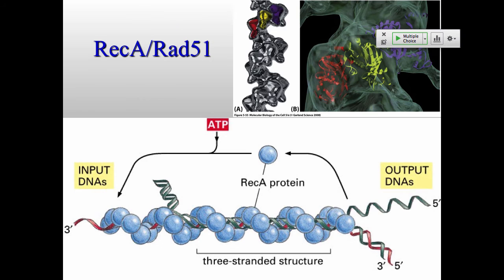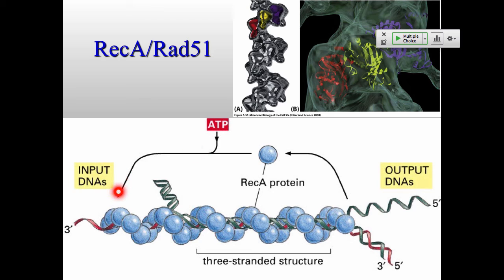So let's look at a little bit more molecular detail what these things look like. As I mentioned before, strand invasion happens because of the presence of RecA or RAD51 binding to DNA. This is just a structure of this, I think this one's RecA protein here in a helix bound to single-stranded DNA, and it's stretching out both that single-stranded DNA and the double-stranded DNA that it's interacting with.